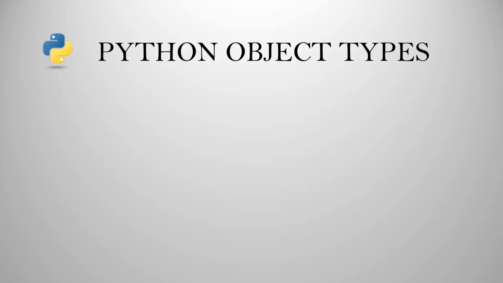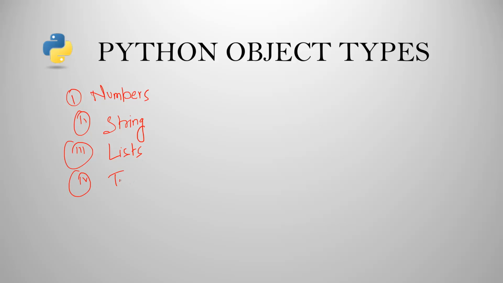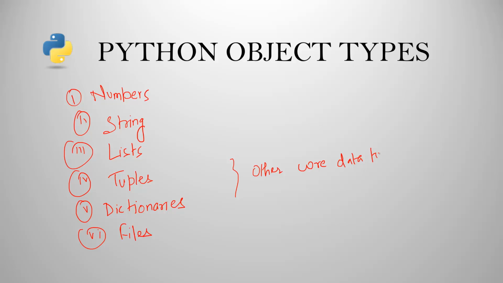So the built-in data types in Python are numbers, then strings, then lists, tuples, dictionaries, files, and there are other core types.